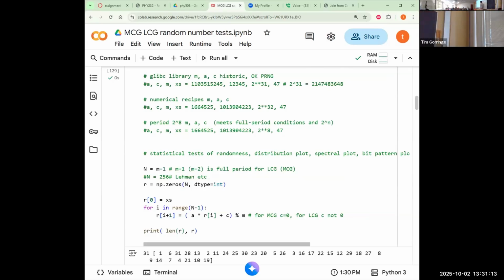So down the bottom here is my 30. I got modulo 32. I printed out 31 random numbers here, and I think we got every number from 1 to 31 here. So we get a full period.